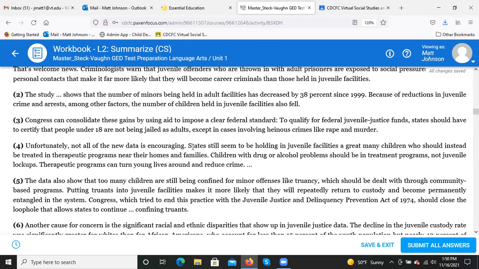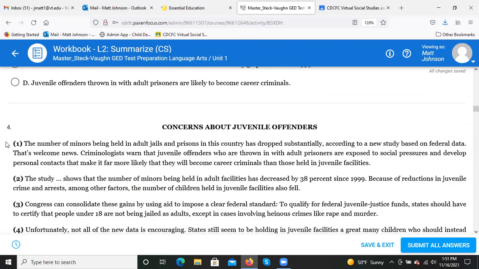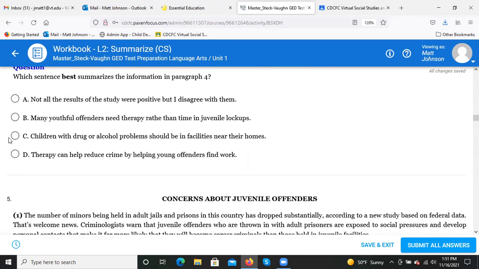So 4 right there, not all of the data is encouraging. States still hold juveniles in facilities, a great many children who should instead be treated in therapeutic programs near their homes and families. Children with drug or alcohol programs should be in treatment programs, not juvenile lockups. Therapeutic programs can turn young lives around and reduce crime. B?